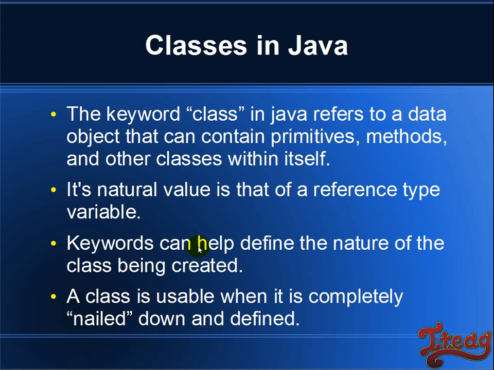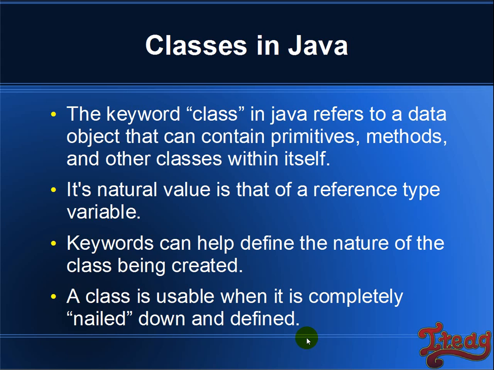Keywords, yes, and I'll be hitting those keywords up next. These can help define the nature of the class being created. And of course, I'll start by hitting it from the package level and then go on into inside of a class. There's actually a little bit of difference because of the way that we should kind of think of classes in Java. So a class, and this is the big point, and this is for all object-oriented programming that I've seen: you can use it when you have it completely nailed down and defined.